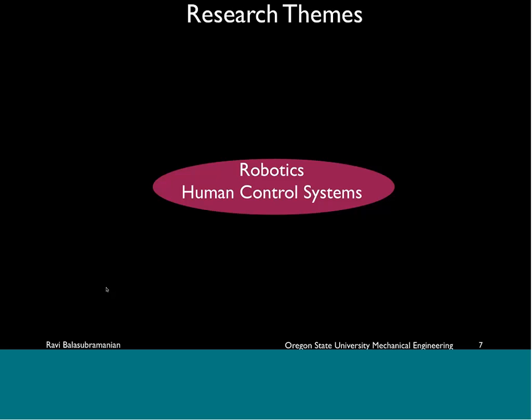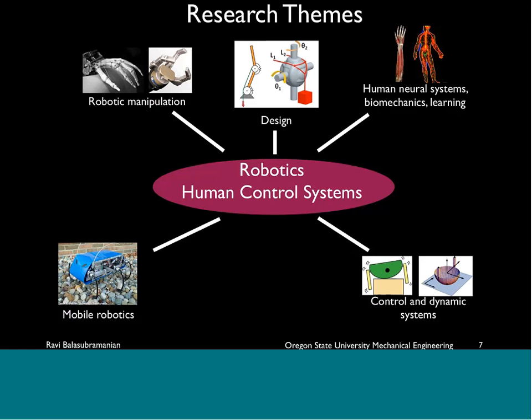So with these two themes, this spawns a variety of different projects in my lab in the areas of robotic manipulation, design of robotic mechanisms, human neural systems, biomechanics, and learning in the human body, control and dynamic systems, and mobile robotics.